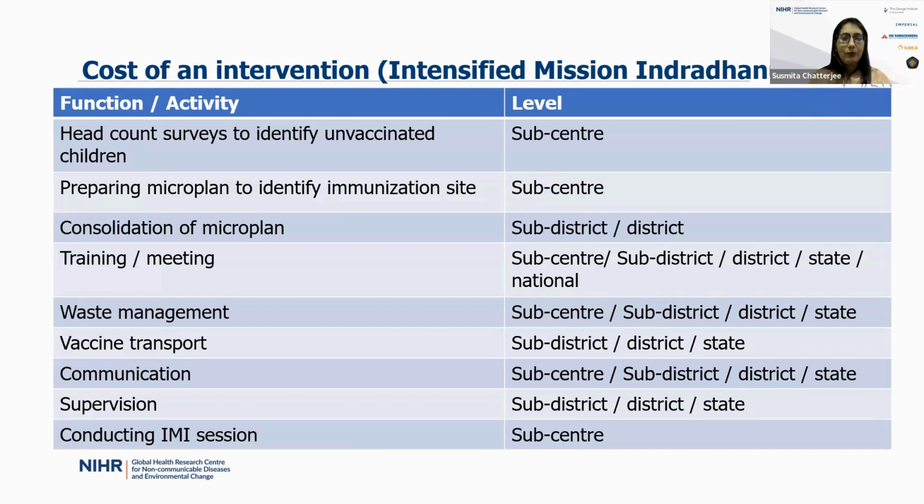So basically here what they did was, the ground level staff went house to house in their respective areas to see if there are any unvaccinated children. So they listed them out.